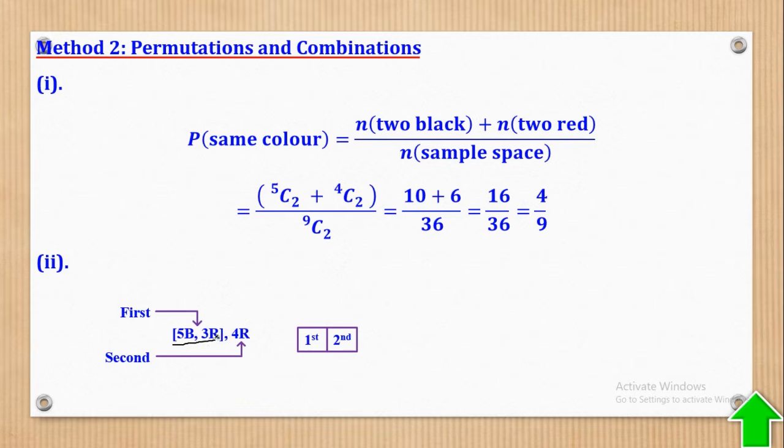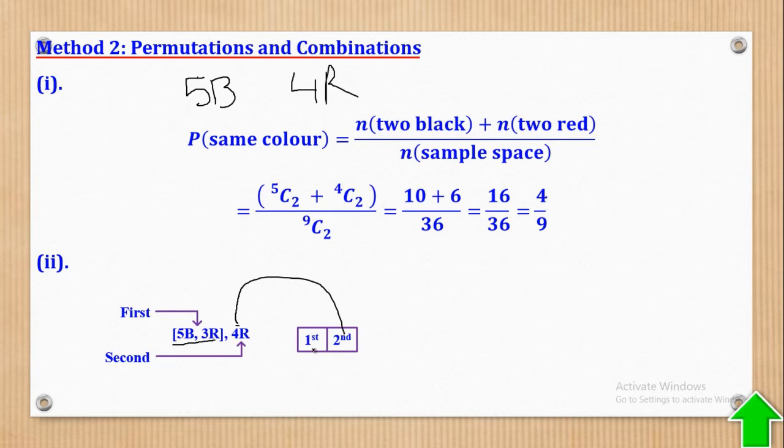So the second pen is red. It means that out of the red, remember there were 4 red and 5 black. So the condition is that the second must be red. So out of this, you have to pick this second pen. You have 4 options. That is why there is 4 red there.